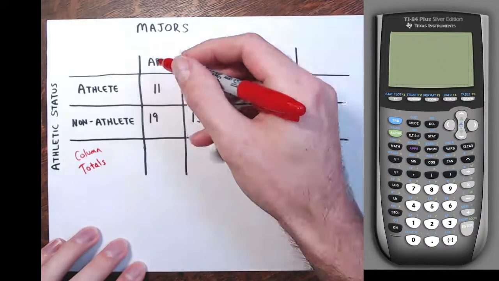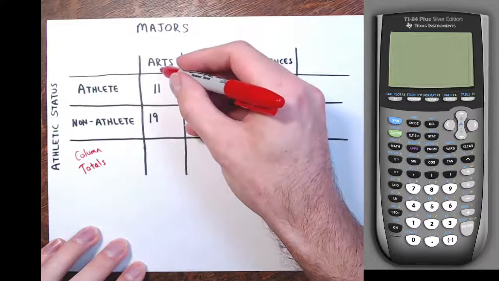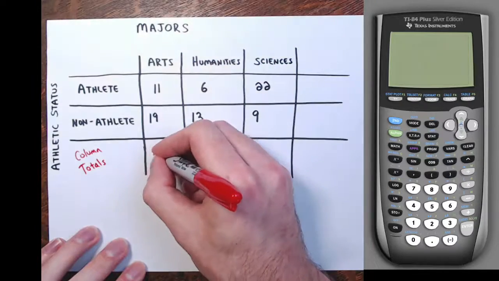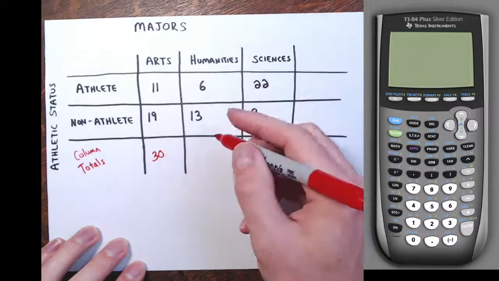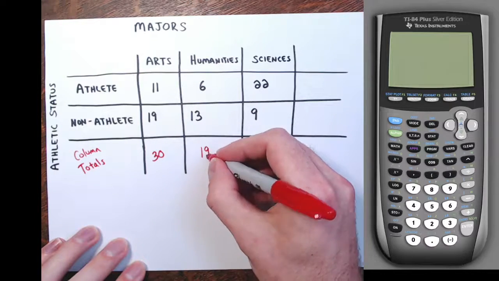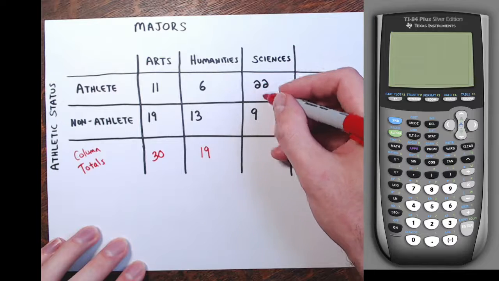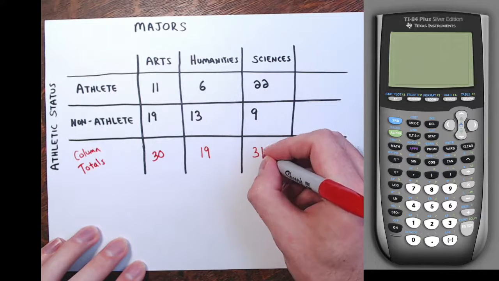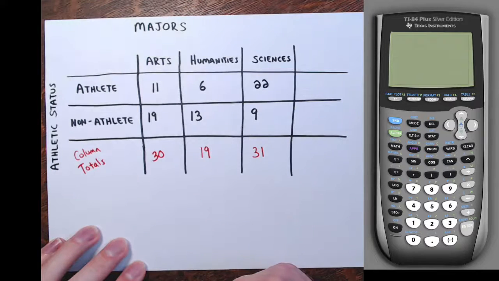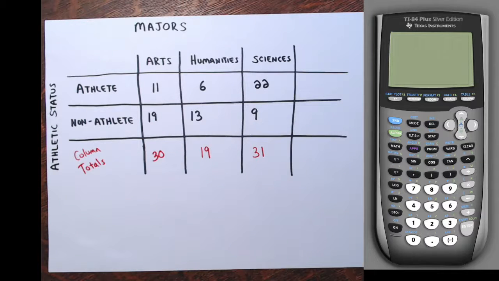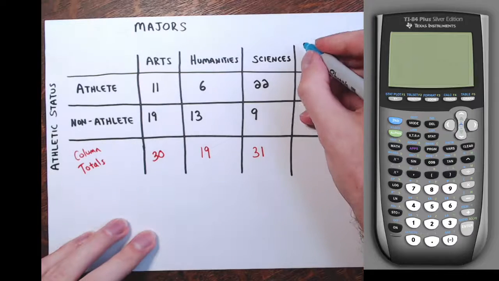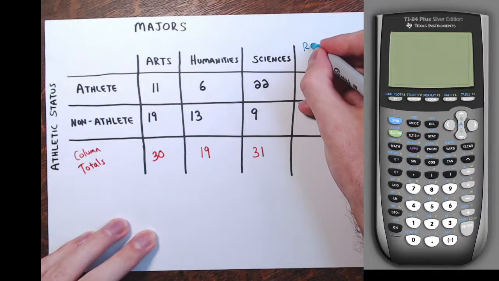The total number of students surveyed who were majoring in the arts was 30, 11 plus 19. The total majoring in humanities was 19, and the total majoring in sciences was 31. Then down this last column, in a different color again, are the row totals.